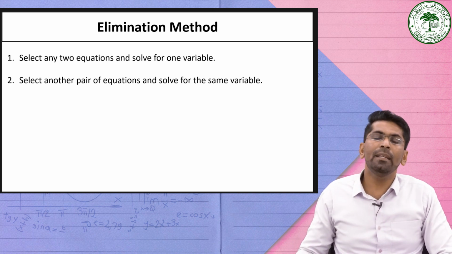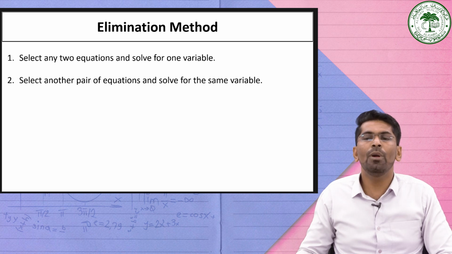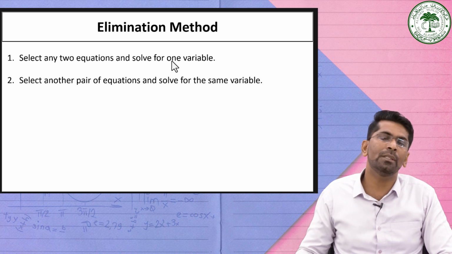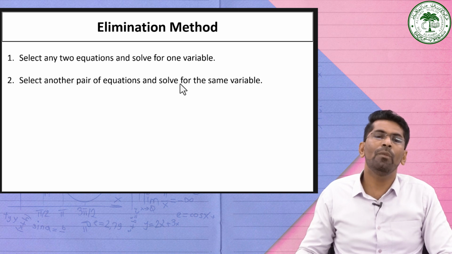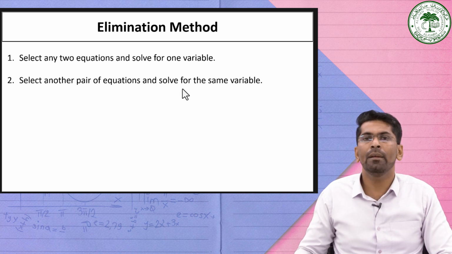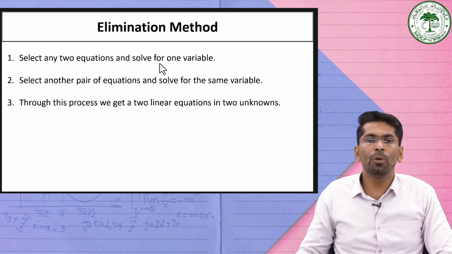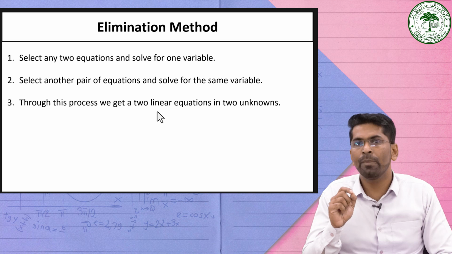After that, select another pair and solve for the same variable, the same variable we are going to eliminate, by selecting two other equations. If you do this process, then we will get two linear equations with two unknown variables.